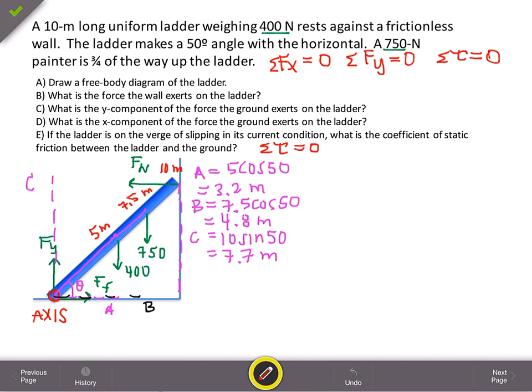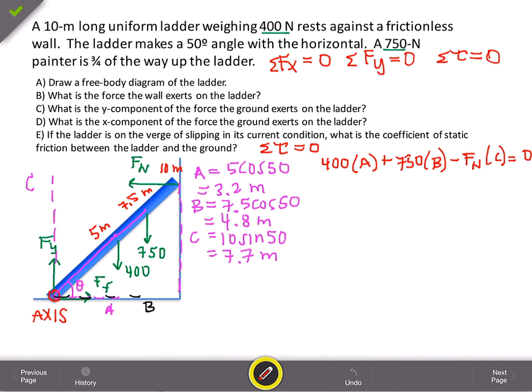So the sum of the torques equals 0. I'm going to start from my axis and move out. The first force that I hit is my 400 Newton force. The perpendicular part of the distance is A. That force is going to cause this thing to rotate in a clockwise direction, so it's positive. The 750 Newton force with a lever arm distance of B is also positive. And then I have my normal force at a distance of C, which, if I pulled on with this force, would cause this thing to rotate in a counterclockwise direction, so it's negative.